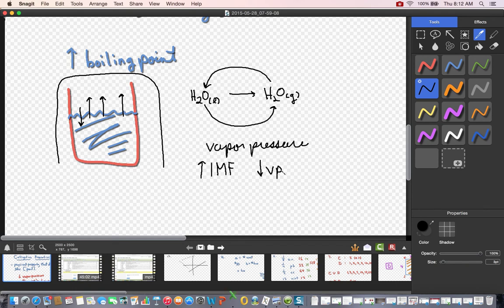Well, that's simple. The boiling point is equal to the temperature at which the vapor pressure is equal to the external pressure.